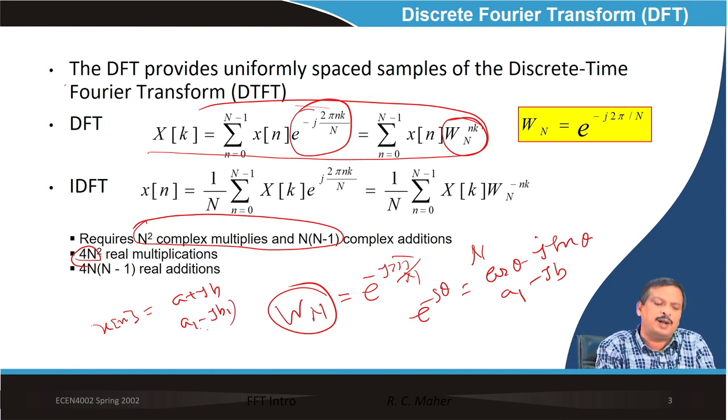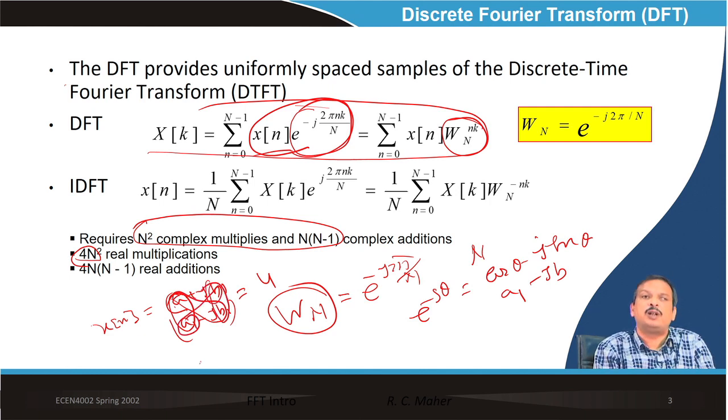When I multiply these two, I require one complex multiplication, which is equal to 4 real multiplications, because a multiplies with a1, a with b1, b with a1, and b with b1.